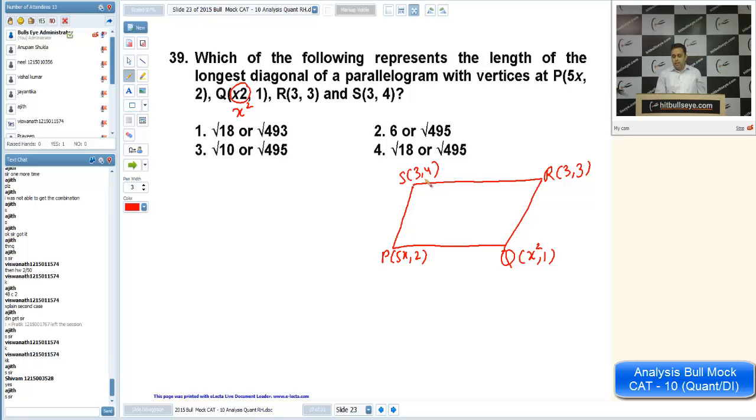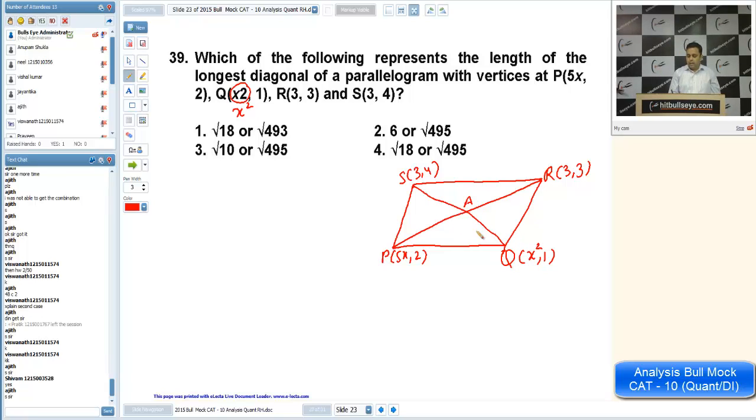To find the diagonal, we must have the values of x. Now we know that in a parallelogram, the diagonals bisect each other. So if this is the point of intersection, say A, then by using the section formula, since A bisects QS, A will be the midpoint of QS.